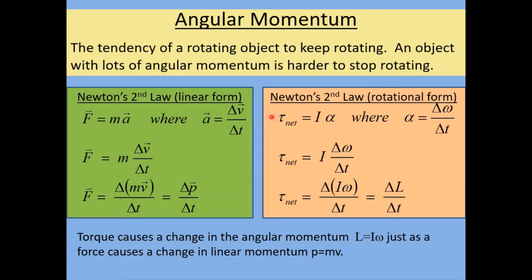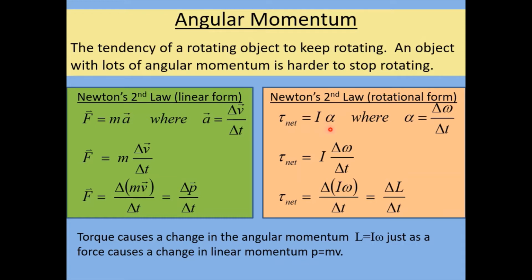So let's now redo this for the rotational form of Newton's law, which we learned about in a previous chapter. Instead of F equals ma, remember we replace force with torque, and we replace mass with rotational inertia I, and we replace the linear acceleration a with alpha, the angular acceleration.